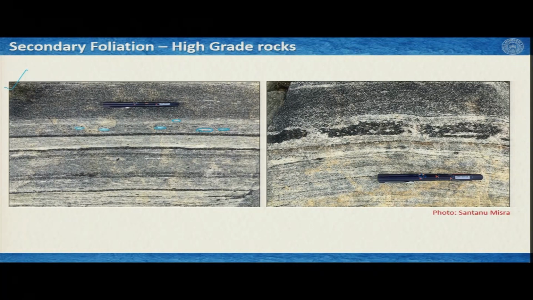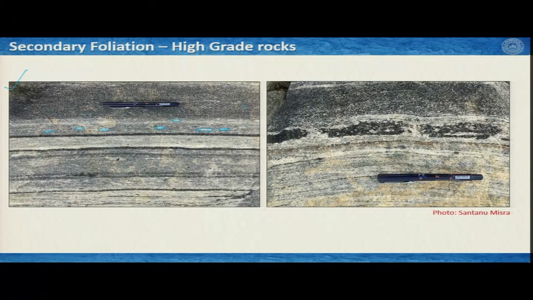These are generally parallel to the fabric you look at here, and these colors are generally dark and white or black and white. They define alternate black and white layers or dark and lighter layers, unlike sedimentary rocks where you see variation of colors. So, here the thickness may or may not vary, in this case it varied.